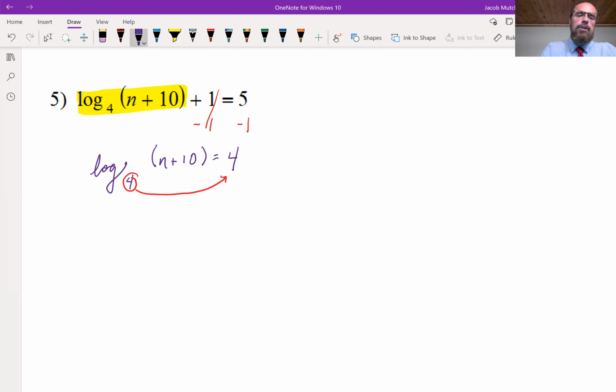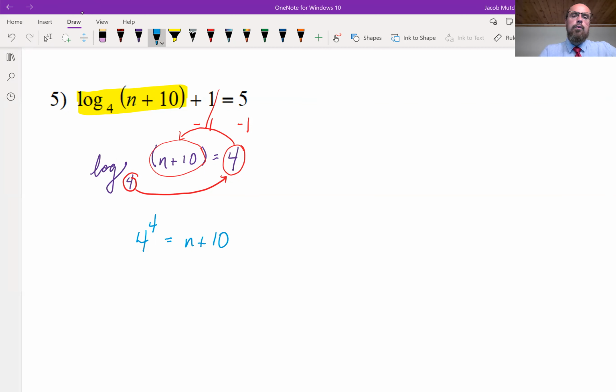So my equation is going to start 4 to the power of 4 equals, and that's going to come back around to the left side to equal the argument n plus 10.